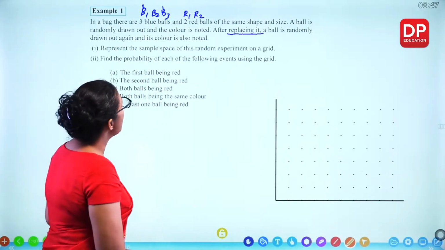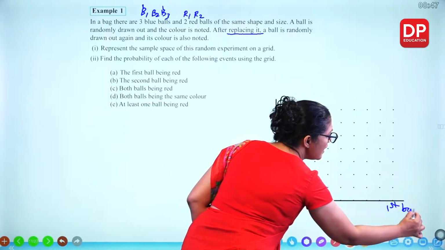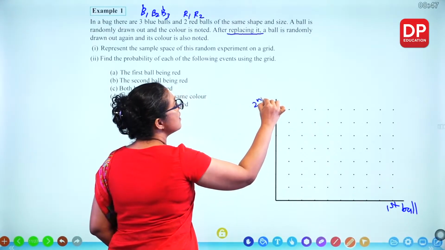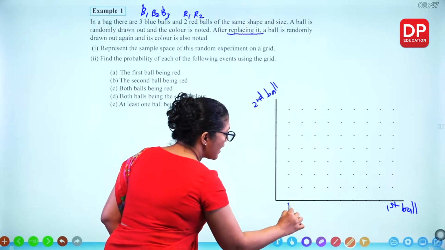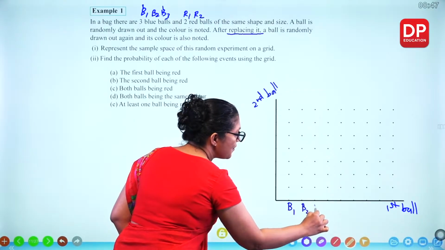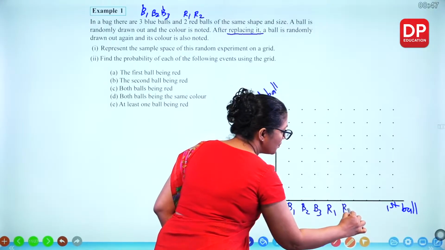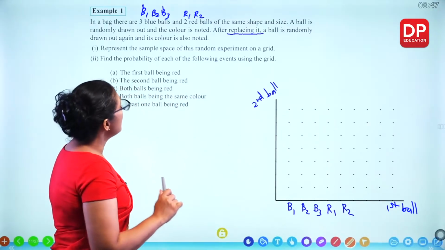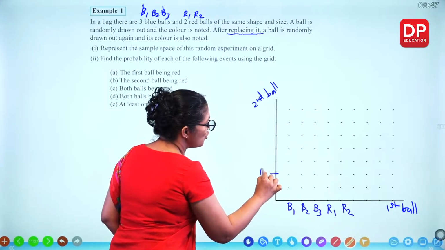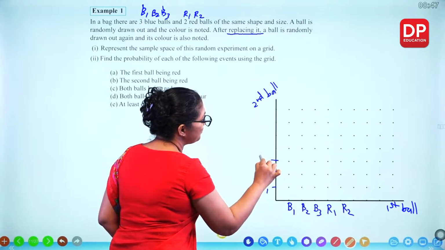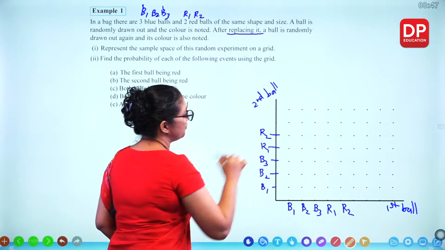Okay, so here we can take the first ball this side and second ball to this side. And then 3 blues, I can label B1, B2, B3 and 2 reds, R1, R2. On the other side also the same marbles, B1, B2, B3, R1 and R2.